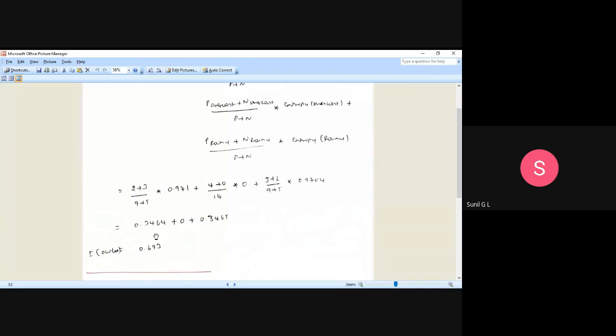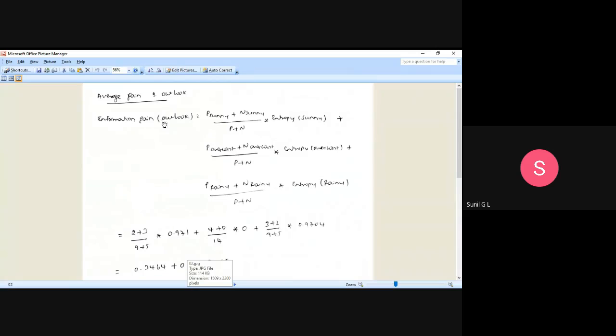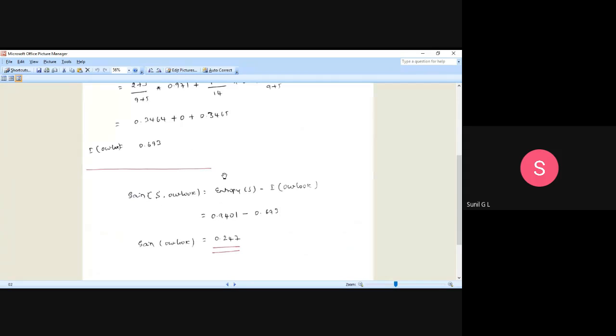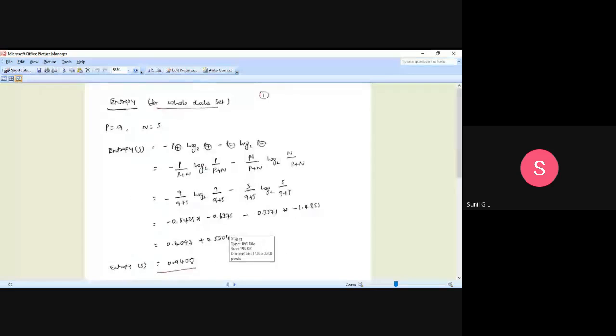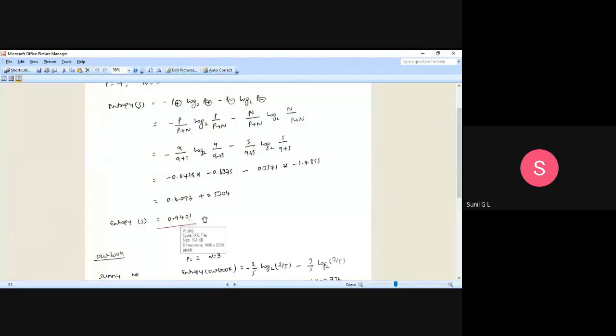This is the average information gain for Outlook. Now I need to calculate the gain of the whole data set with the Outlook. The gain is the entropy of the whole data set minus the average information gain of Outlook. The entropy of the whole data set, which we calculated first, is 0.9401.